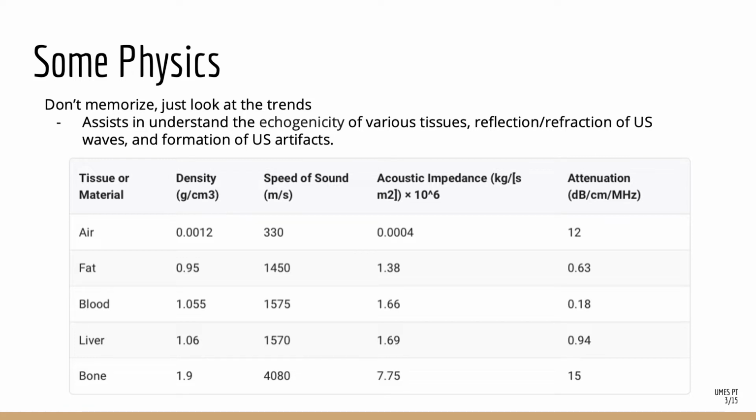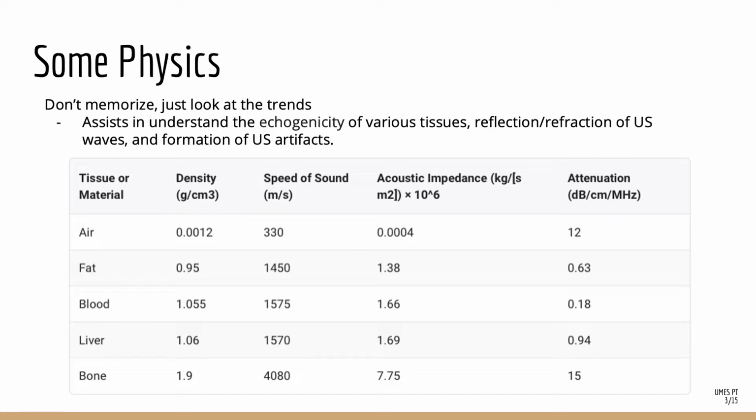The main points I want you to understand are refraction, attenuation, and reflection. Refraction is when ultrasound waves travel through tissue and meet another tissue with a slightly different impedance value, and the speed changes somewhat, and it causes the ultrasound waves to change direction. So this change in direction is called refraction.